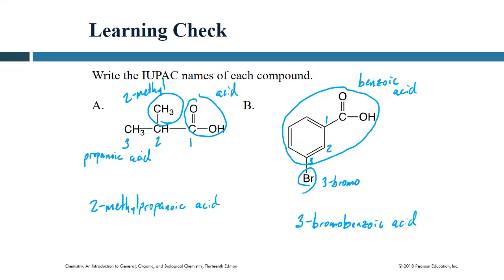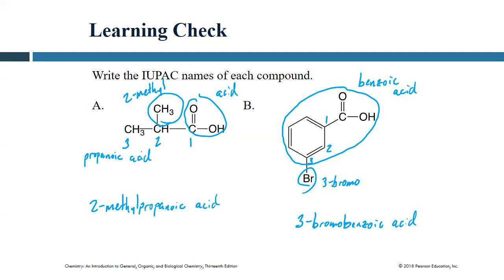So in the first one, obviously we had to recognize the acid group, which since we were told they were acids, we kind of knew that was coming anyway. But we also had to recognize this was a 3-carbon acid, so propanoic acid would have been the base. And then it would just been a matter of identifying the methyl group in that second position.